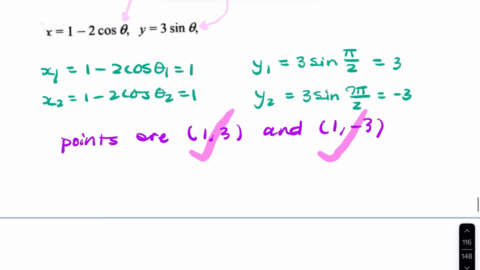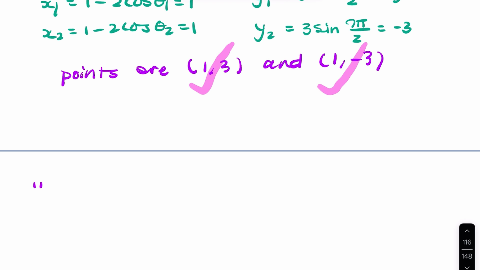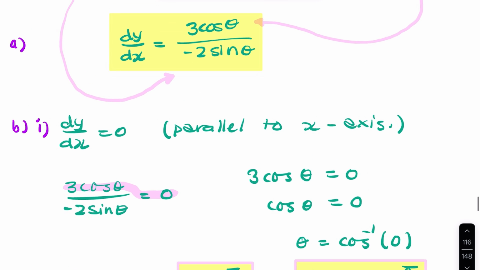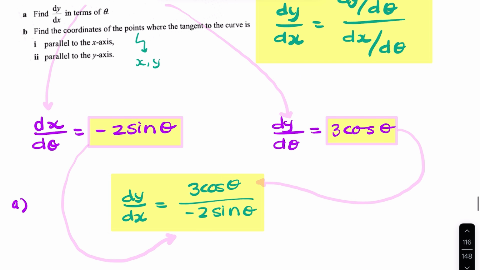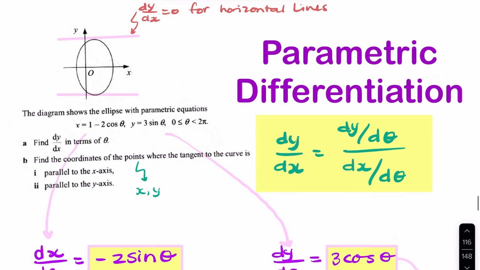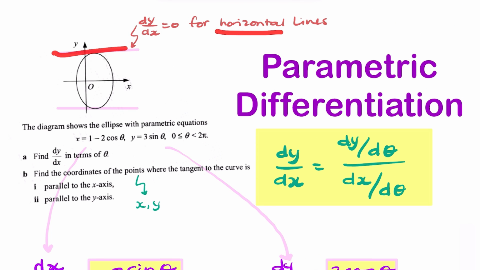Now, if we're going to look at the next part, it says the tangent is parallel to the y-axis. That means rather than having horizontal tangents, we're looking at vertical tangents. So we're now looking at tangents that do this. They're vertical.